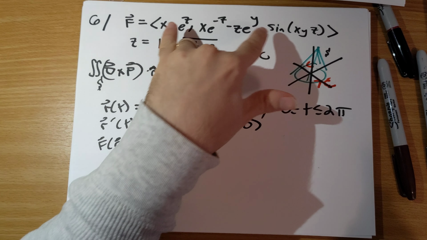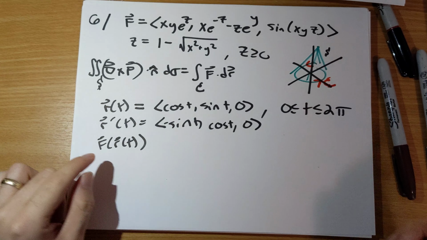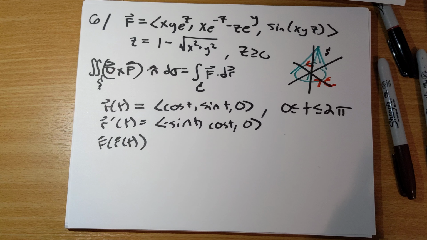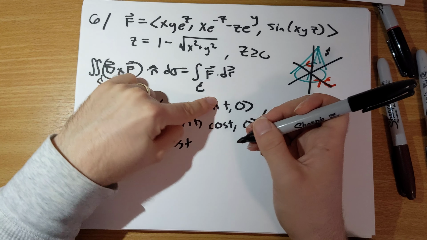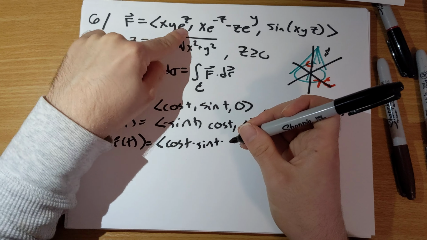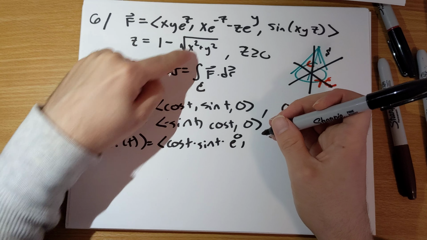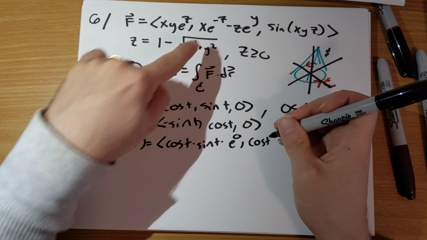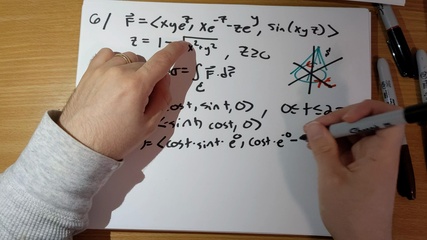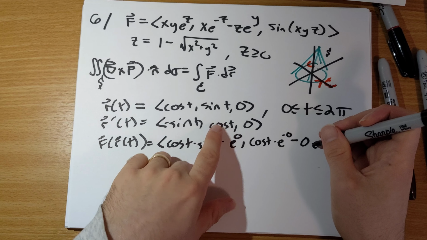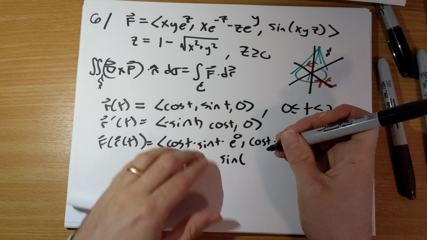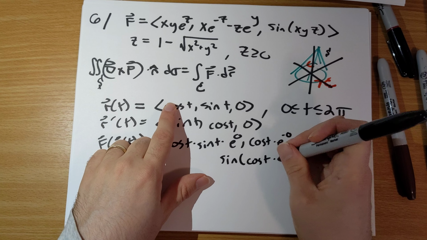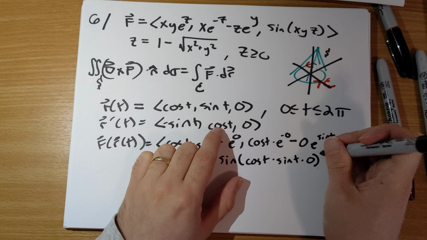So take r of t and substitute it up here, and you end up with, let's see here, x is cosine t, y is sine t, times e to the 0, comma, x is cosine t, e to the negative 0 minus 0, e to the sine t, comma, sine of x is cosine t, y is sine t, z is 0.